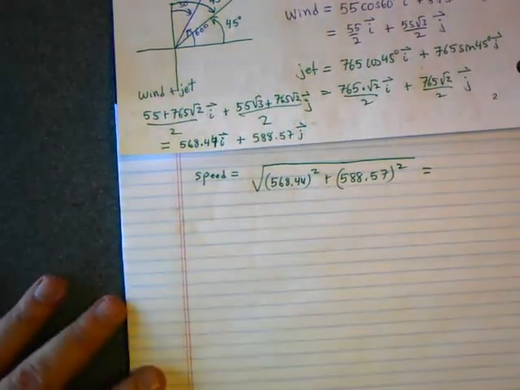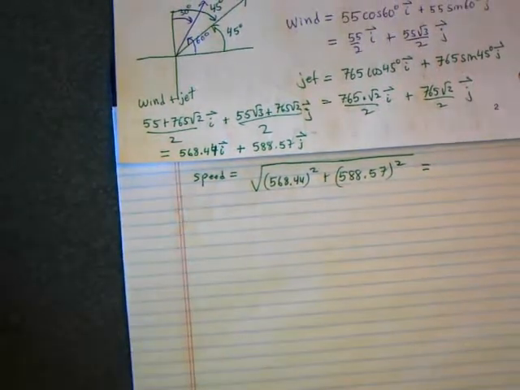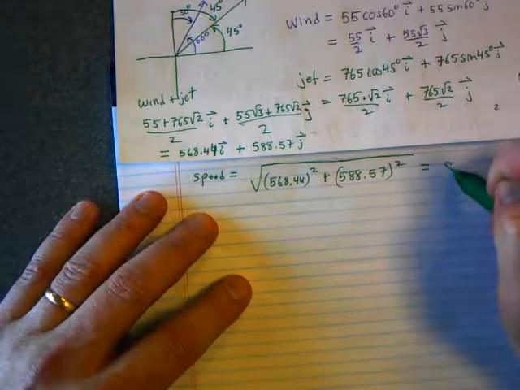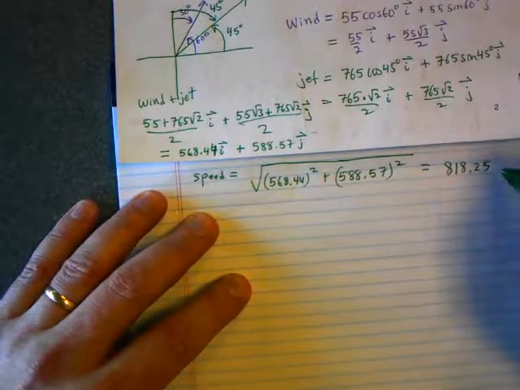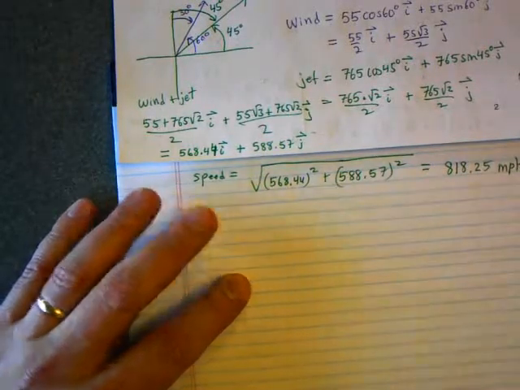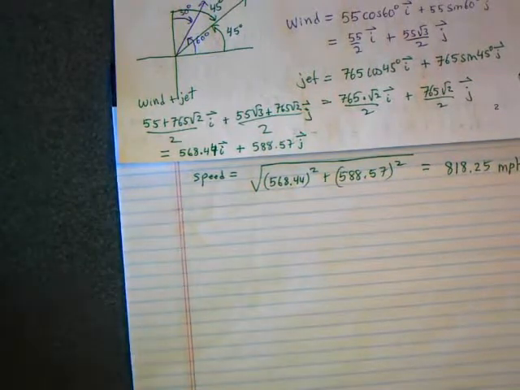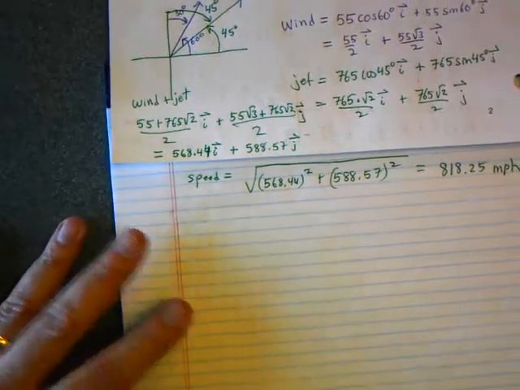So again, you grab your calculator, you punch a bunch of buttons, and you tell me 818.25 miles per hour. No, that's only the speed.